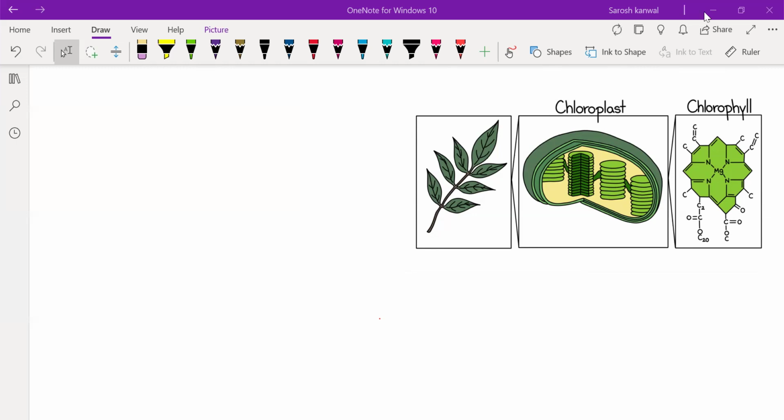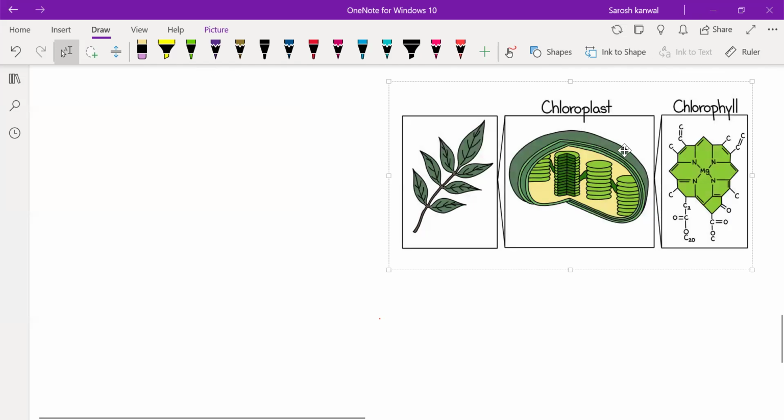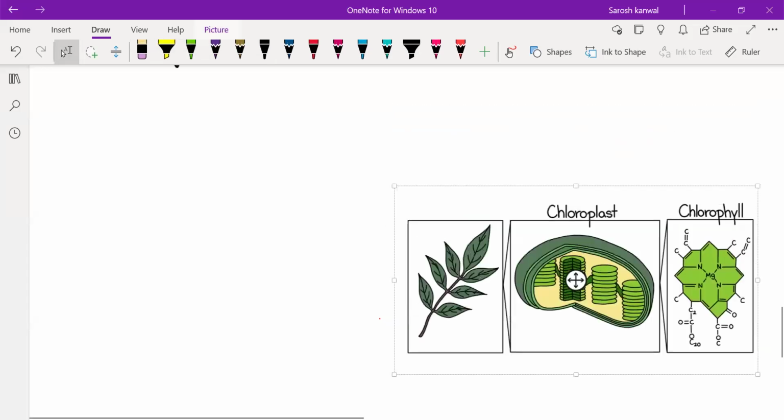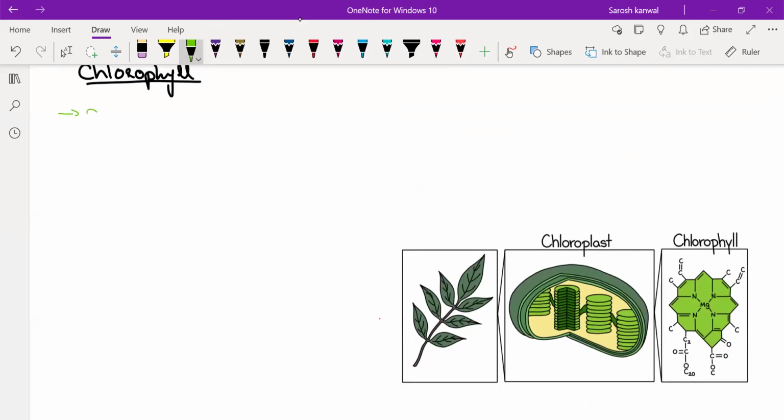Okay. So see. Here we have a chloroplast, right? So actually, chlorophyll is a green pigment that is found inside the chloroplast, right?